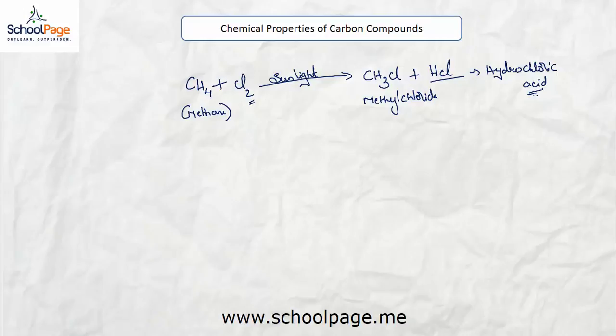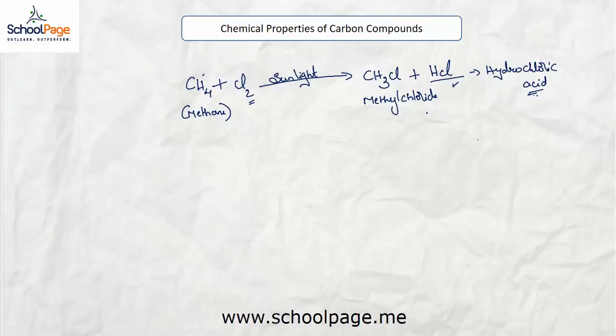What you have to observe here is that a hydrogen of methane is displaced and a chlorine comes in, and the displaced hydrogen reacts with one more chlorine from the chlorine gas and forms a new product, which is HCl. So totally we have two new products, methyl chloride and hydrochloric acid. This is the reaction which takes place in the presence of limited chlorine gas.